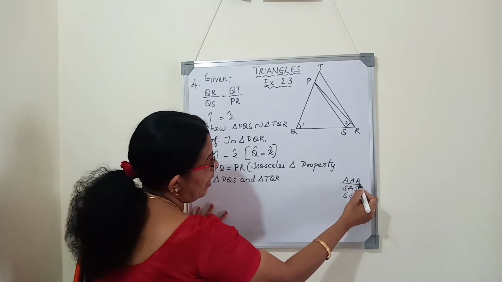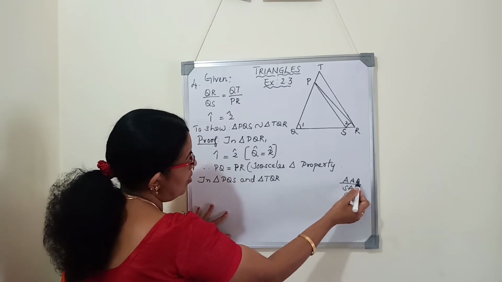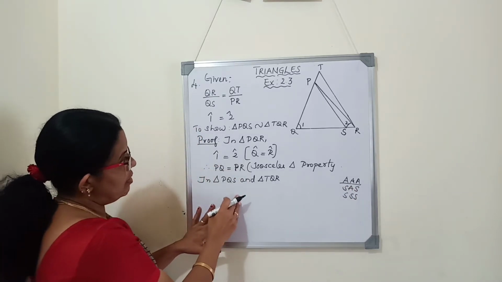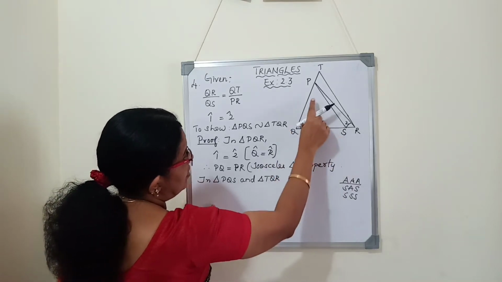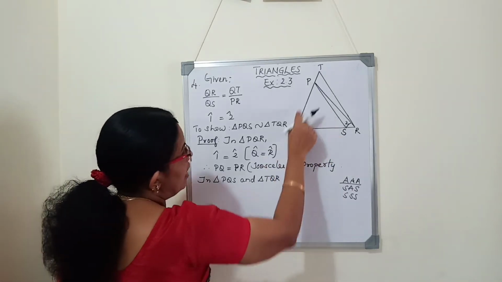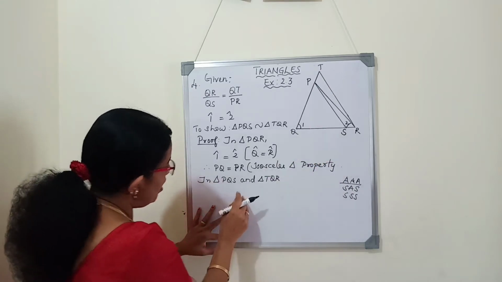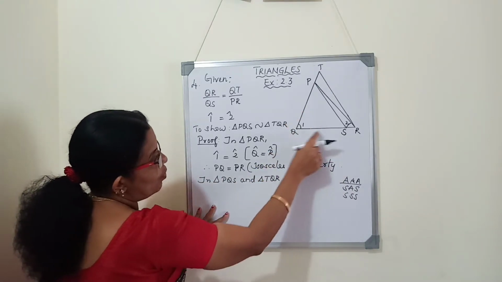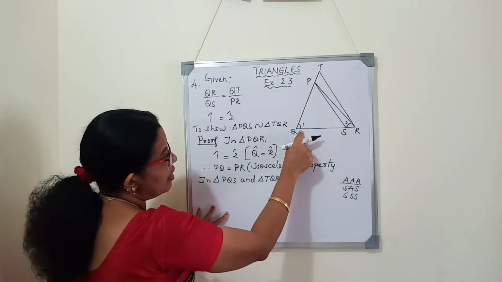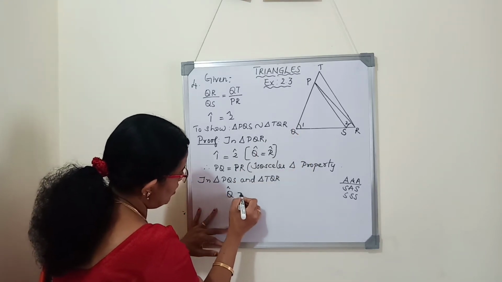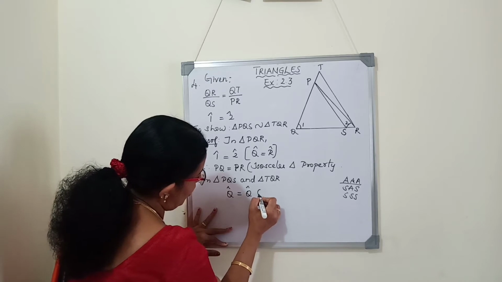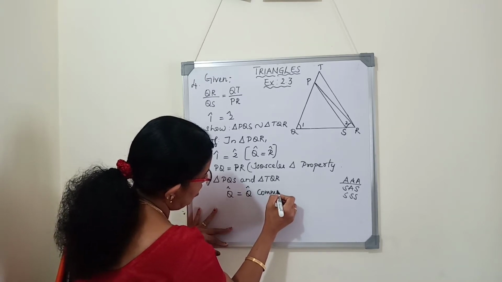In AAA, if you use only two angles also, we can prove that triangles are similar. So, the triangles are PQS and triangle TQR. Now look here, it is already PQS and TQR. Angle Q is a common angle. So we can write angle Q is equal to angle Q, common. So one angle we got.